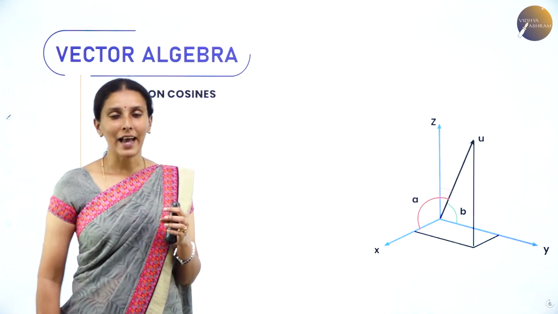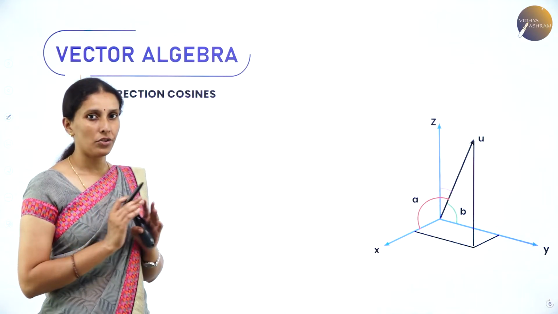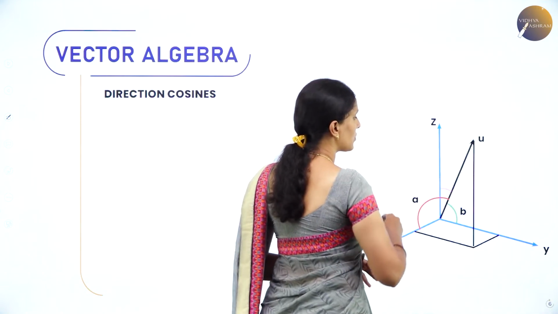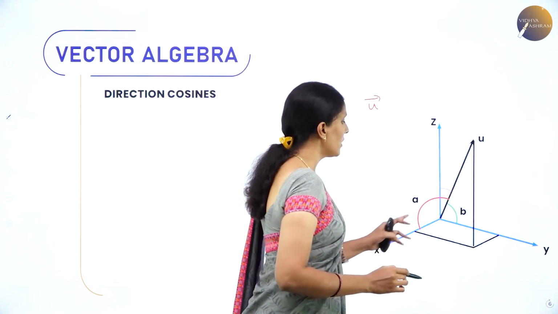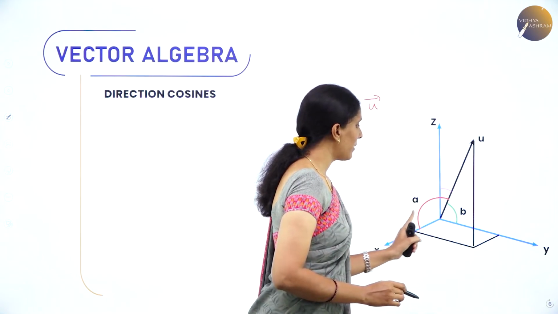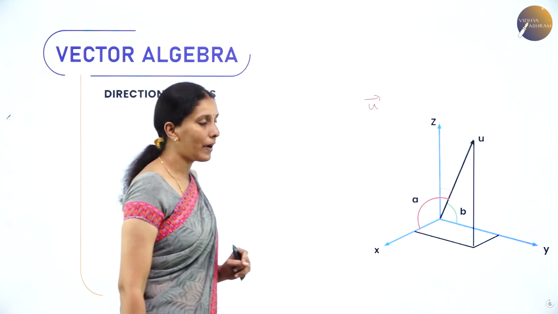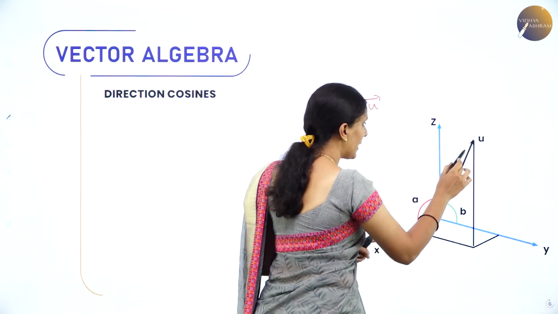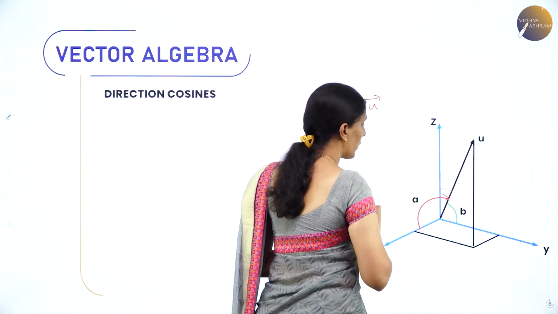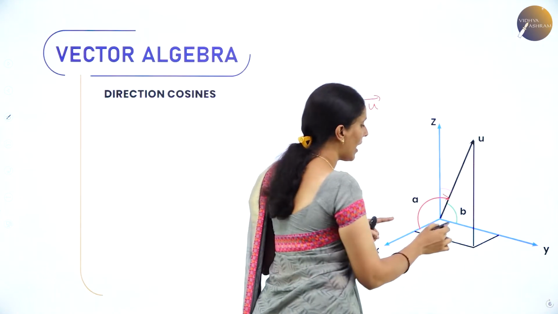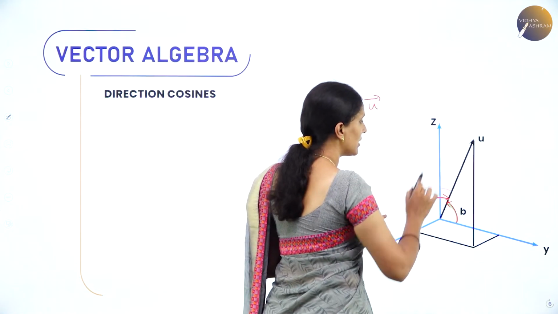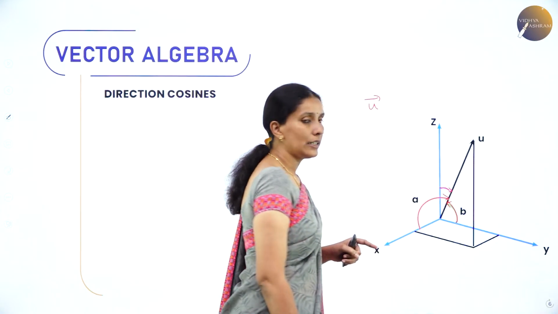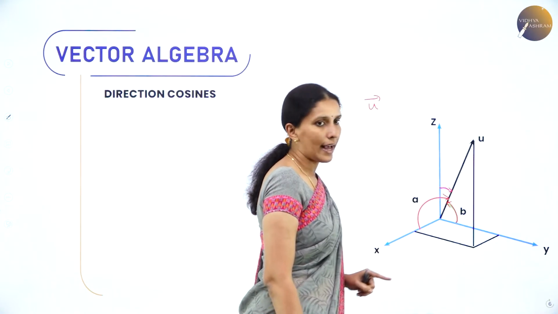Next we have the direction cosines. What are direction cosines? Here I have taken a position vector, which is taken as vector u. What are the angles made by this? The angle made by the line with the x-axis is one angle, the angle made with the y-axis is another angle, and the angle made by the line with the z-axis is another angle.